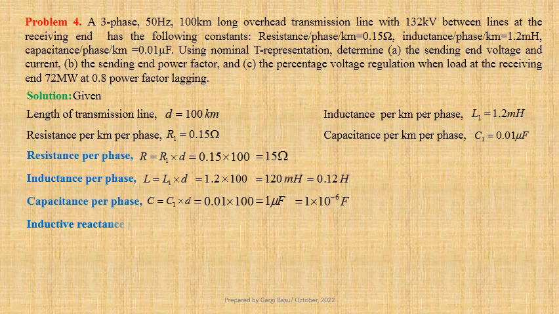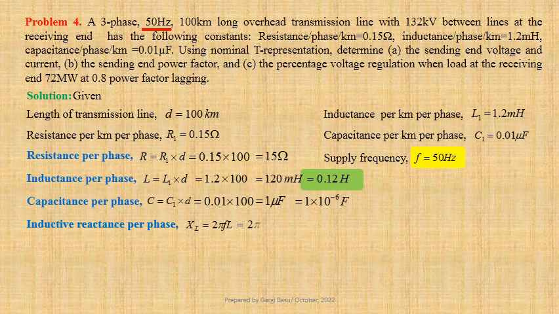Inductive reactance per phase XL equals 2 pi F into L. Given supply frequency F equals 50 Hz. Therefore, XL equals 2 pi into 50 into 0.12, that is 37.7 ohm.